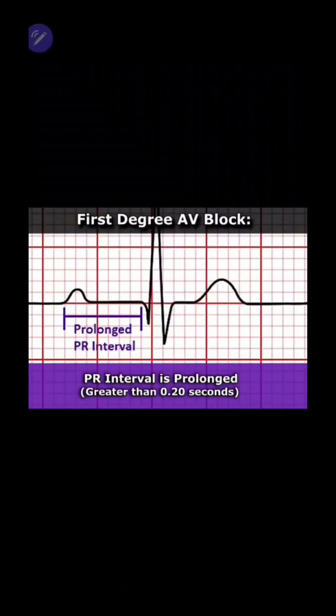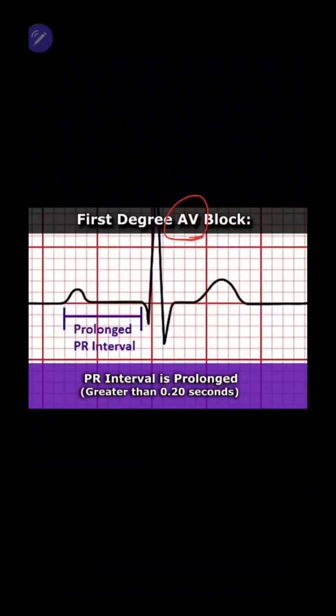First-degree AV blocks are a consequence of the AV junction holding on to the signals coming from the atria for far too long before letting go. However, every single signal still gets through to the ventricles. Now, this prolonged pause at the AV node is represented on the graph paper as a prolonged PR interval.